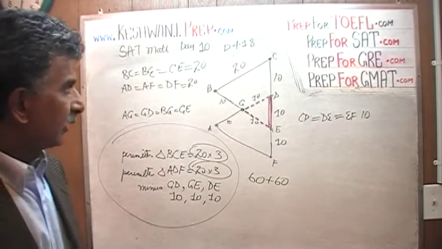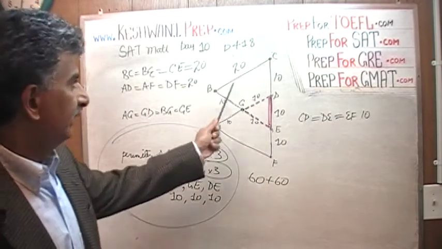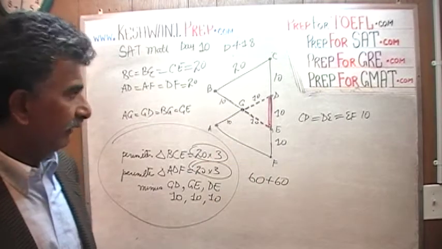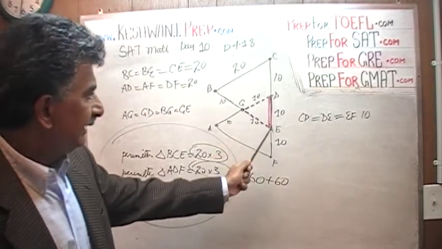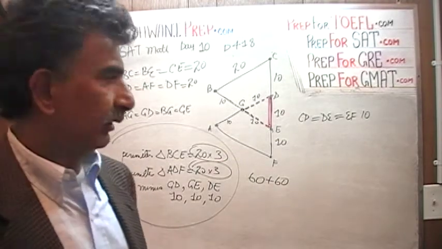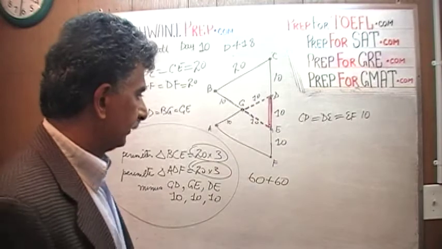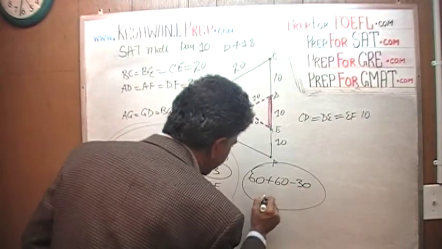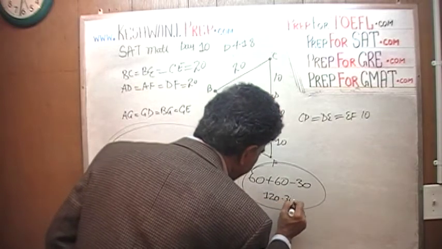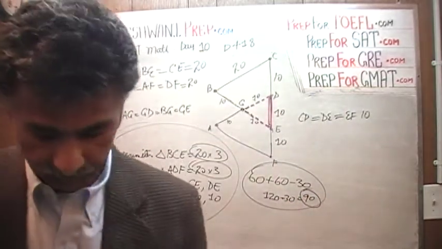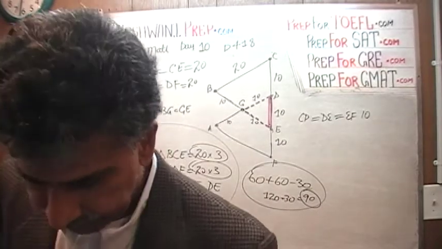Because just like the two bigger triangles, BCE and ADF, which are equilateral triangles, similarly GDE is also an equilateral triangle with just half the length of the original triangles. It's 10 by 10 by 10. So minus 30. So that's your answer. 120 minus 30 is 90. 90 is the perimeter of the flag. And that's it. That's your answer.